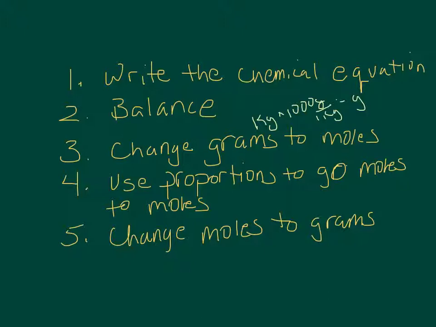Now, you need to convert grams to moles. And we know how to do that by using the AMU of the substance. So if you put your finger on the number in the problem, it'll say so many grams of, and then a chemical. So add up all the AMUs of that chemical. And the AMU unit is also grams per mole.